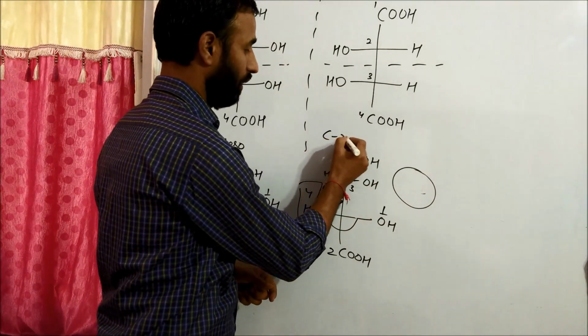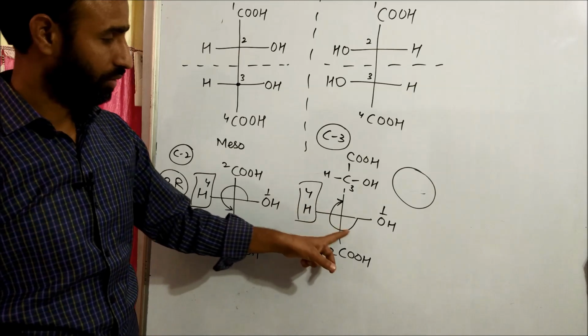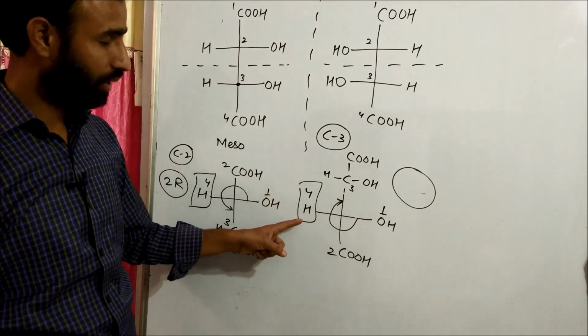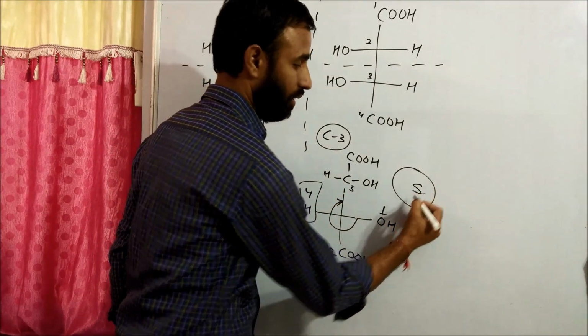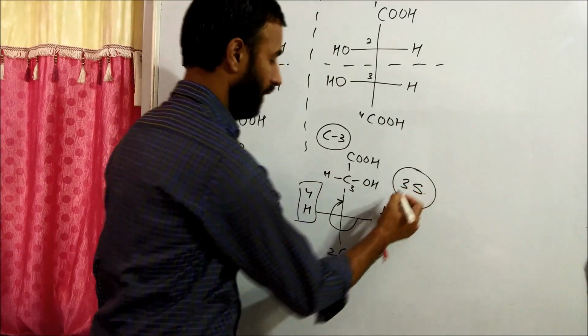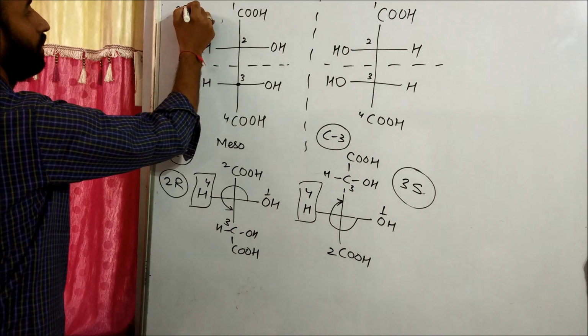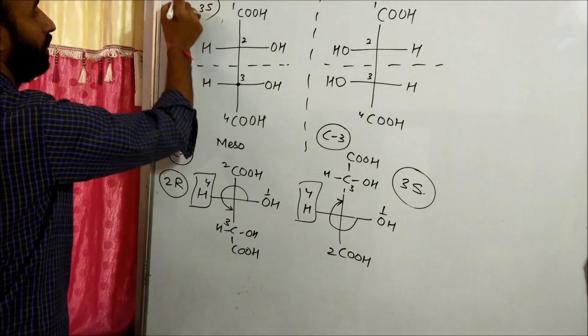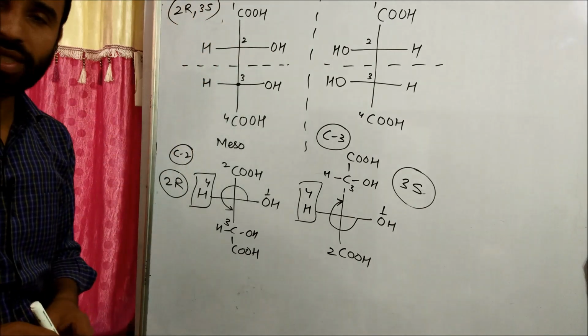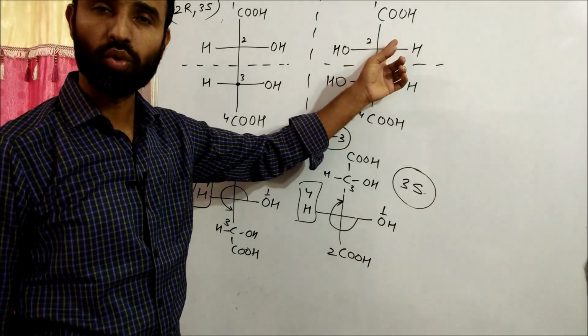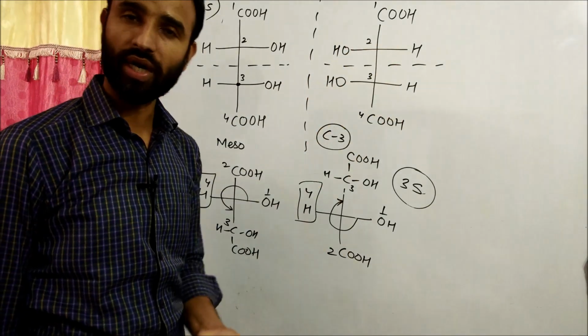At C3 it is clockwise, horizontal. So S, so 3S. 2R, 3S, so the mirror image should be 2S, 3R.